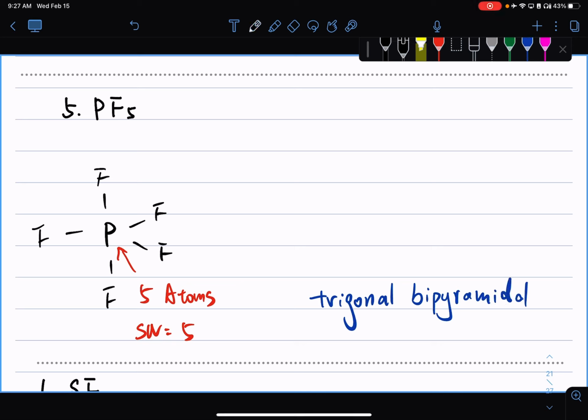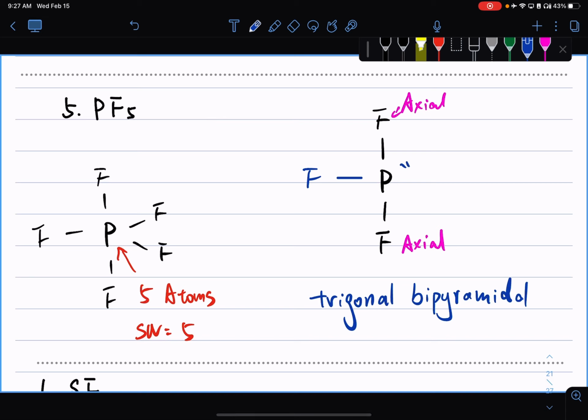And then the way we draw it is you put the phosphorus in the center. And then these are my 2 axial atoms. And then we're going to do 3 equatorial. Whenever you have a dash, that's going into the paper, and the wedge is pointing towards you. So these 3 are my equatorial.